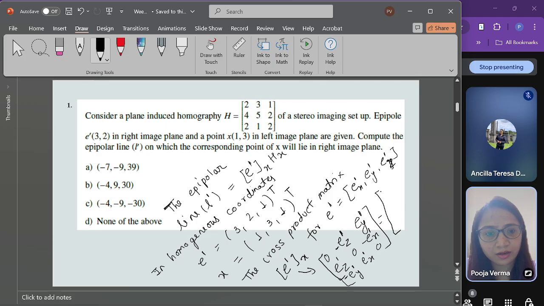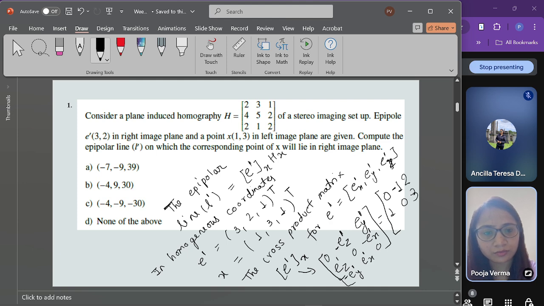Now if we write it again, first 0, then Ez is 1, so minus 1 will be there. Next is Ex dash, which is 3, so here it is 2 and 3 as per the epipole. Similarly, Ez dash here is 1, then 0 and minus 3.